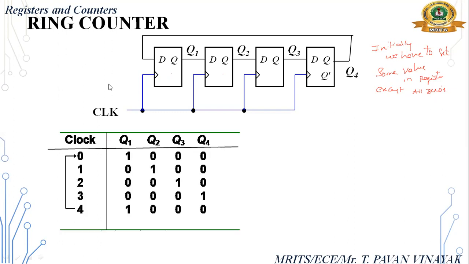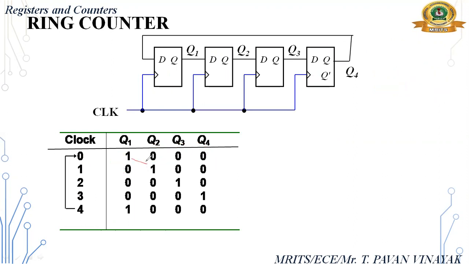Suppose I am taking the data as 1000 initially. Now for the first clock pulse, this 1 comes here, and the 0 comes to here.